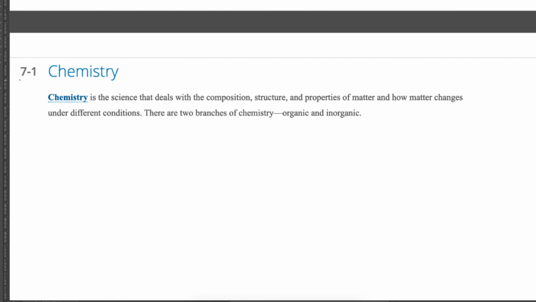And now we look at section 7.1, which gives us the definition of chemistry. Chemistry is, first of all, defined as a science, but what it deals with are three things: 1, 2, and 3, which is composition, structure, and properties of matter.